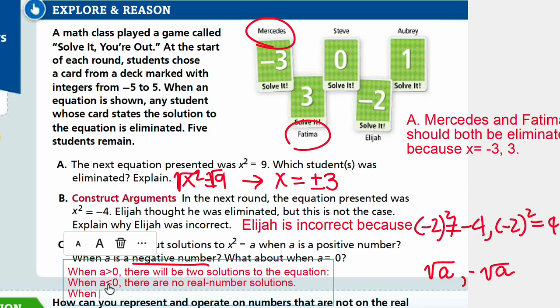And finally, when a is equal to 0, there will be only one solution, which is x equals 0.